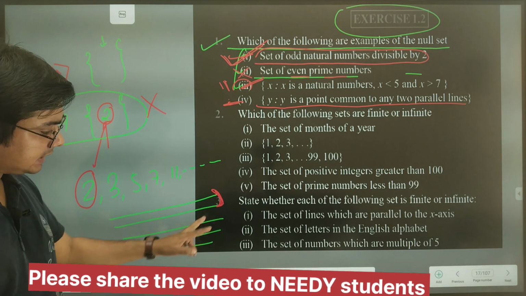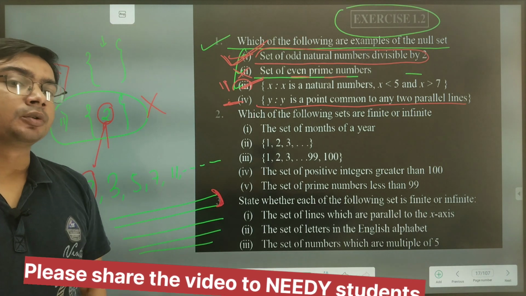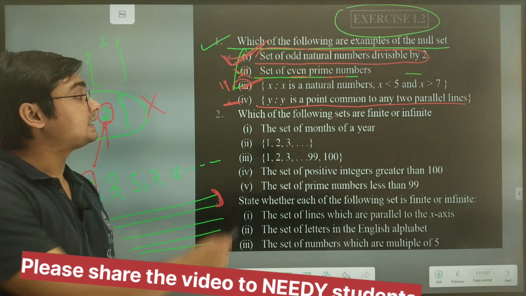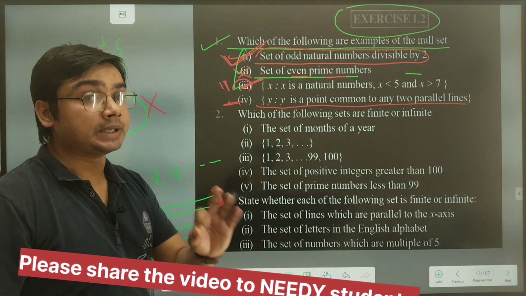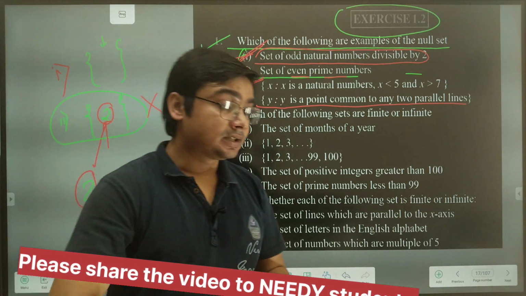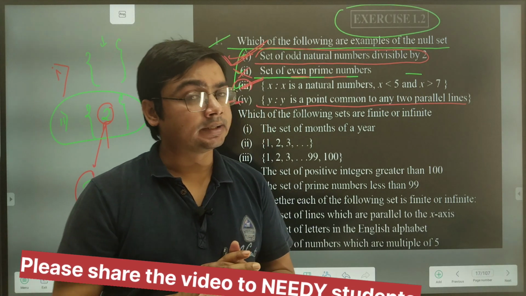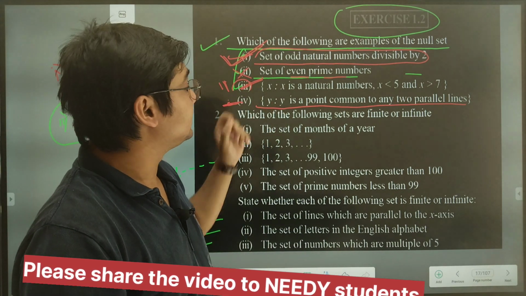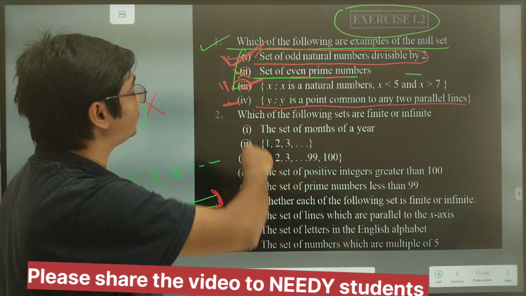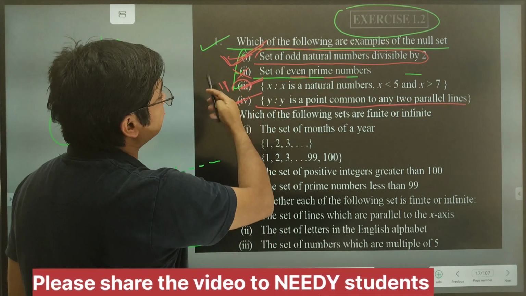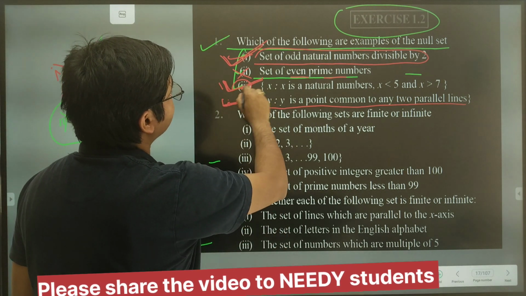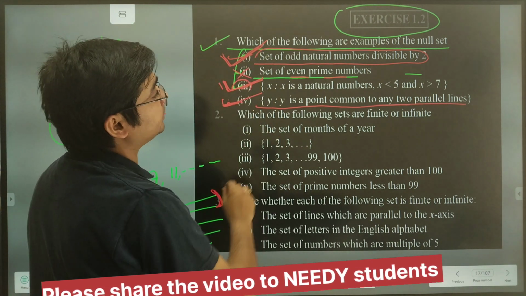No, there is no such common point. That means this collection also will be empty, because there is no common point in two parallel lines. So this set will be empty. The third set also will be empty, and the first set also will be empty.